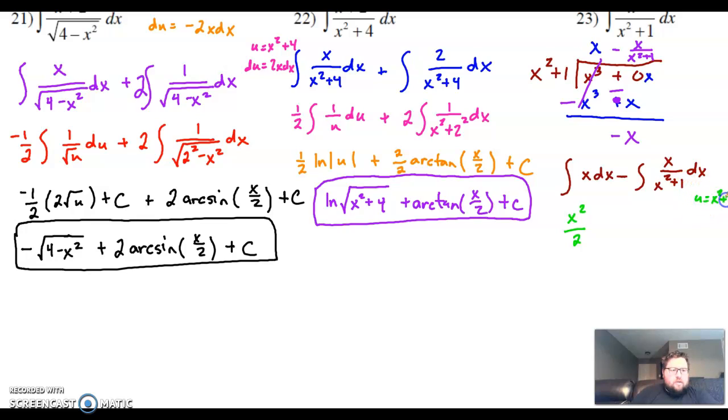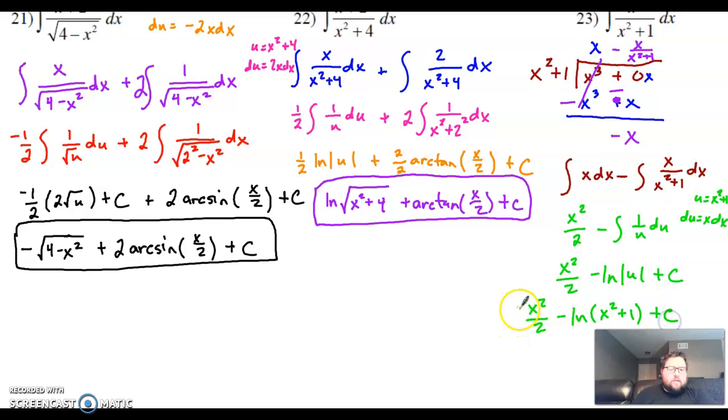X squared plus 1 du is x dx. So that's going to sub out perfectly. So minus the integral of 1 over u du. So x squared over 2 minus the natural log of the absolute value of u plus c. And then plug your u back in. So x squared over 2 minus the natural log of x squared plus 1. Never a negative number, so we don't need the absolute value bars. And then plus c.